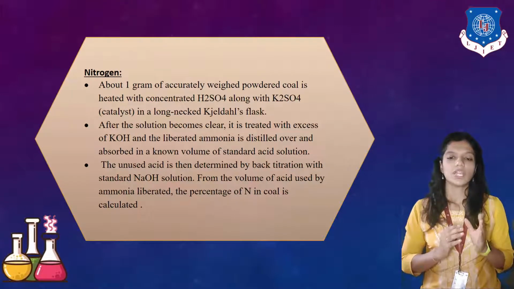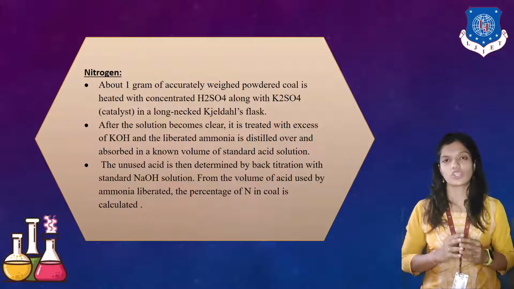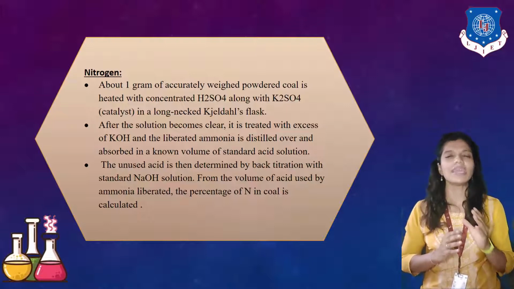The unused acid is then determined by back titration with standard alkali solution, and from the volume of acid used by the ammonia liberated, the percentage of nitrogen in the coal sample can be calculated.